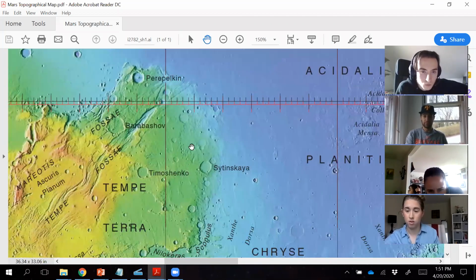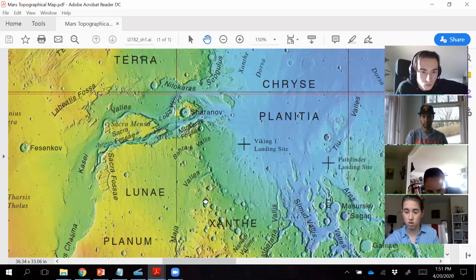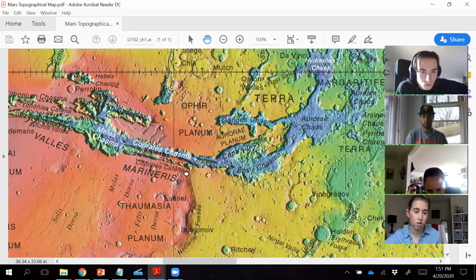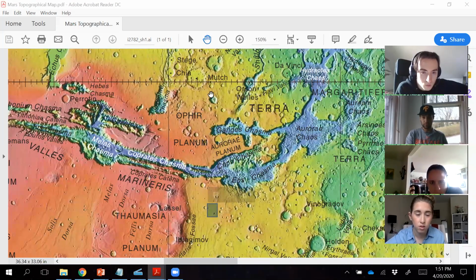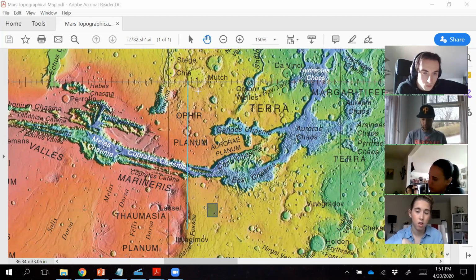So this is 60 degrees. If this is 60 degrees, I'd guess the Nectaris Fossae is like 59, 58, maybe 57 degrees. Does that sound about right?